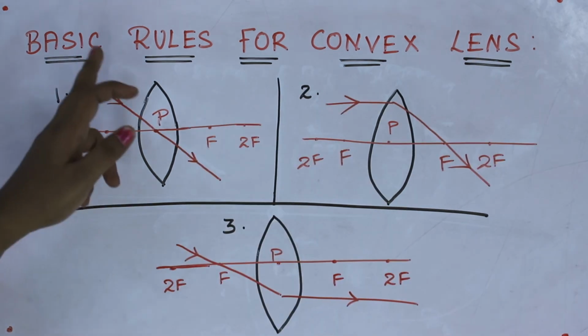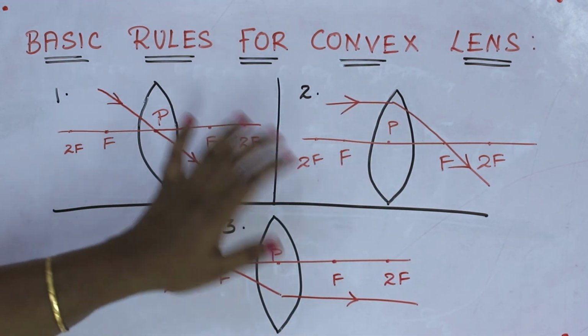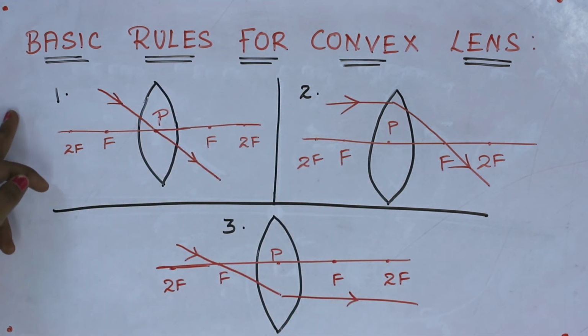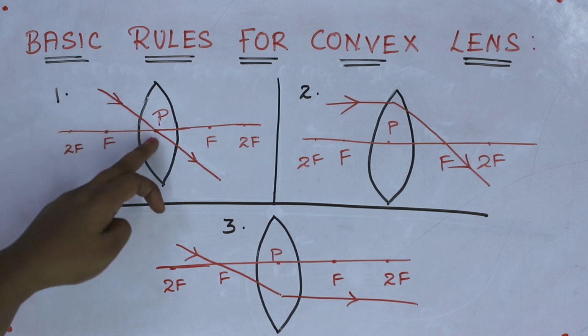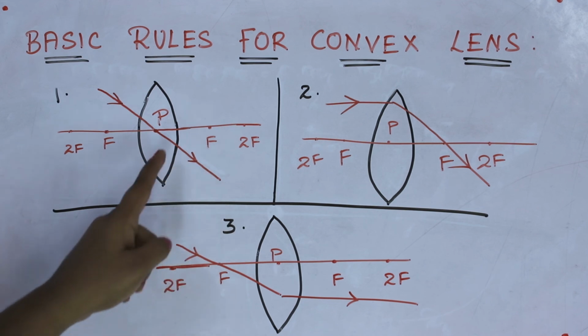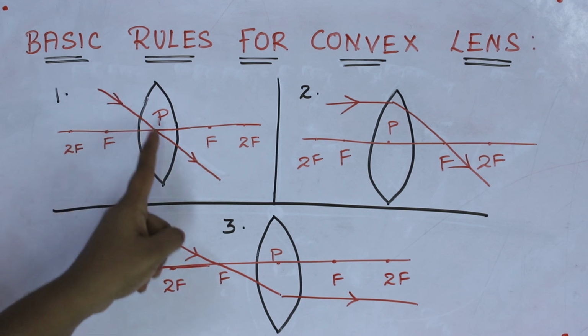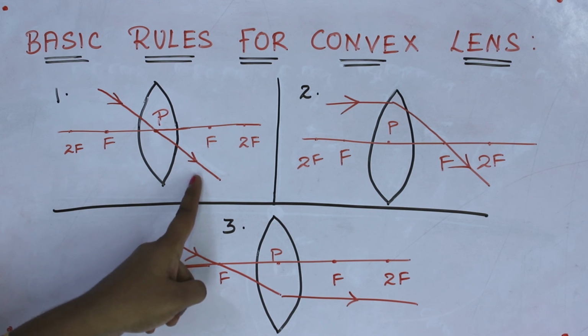Basic rules for the convex lens: we have basically 3 rules to be followed. First rule, when a light ray passes through the pole point, it continues to follow its path without any deviation. Here you can see it is continuing in the same path without any deviation.